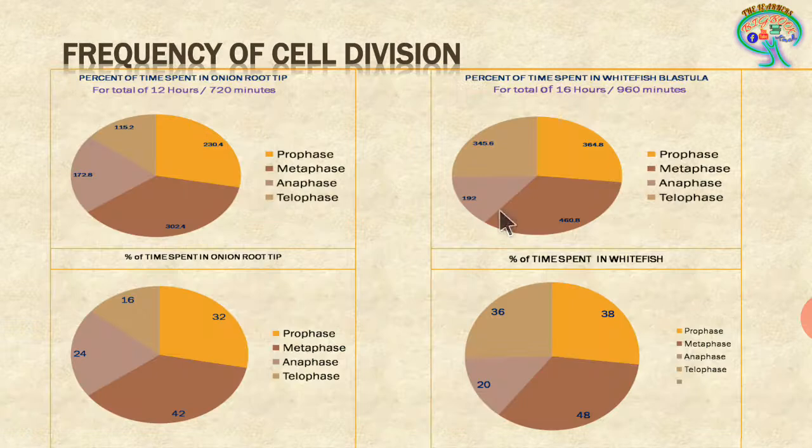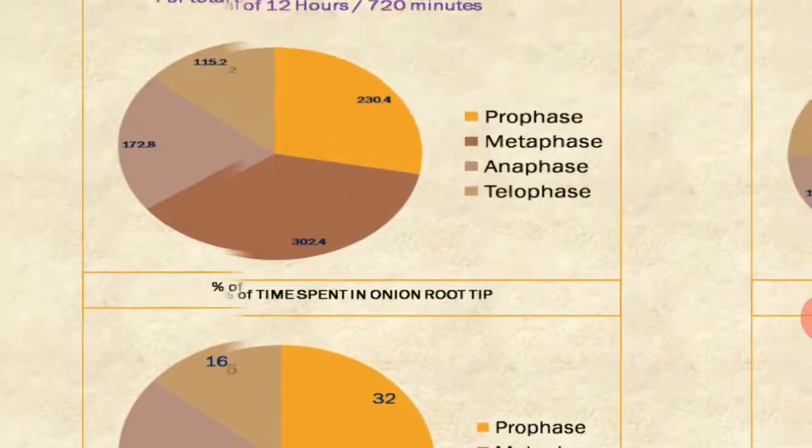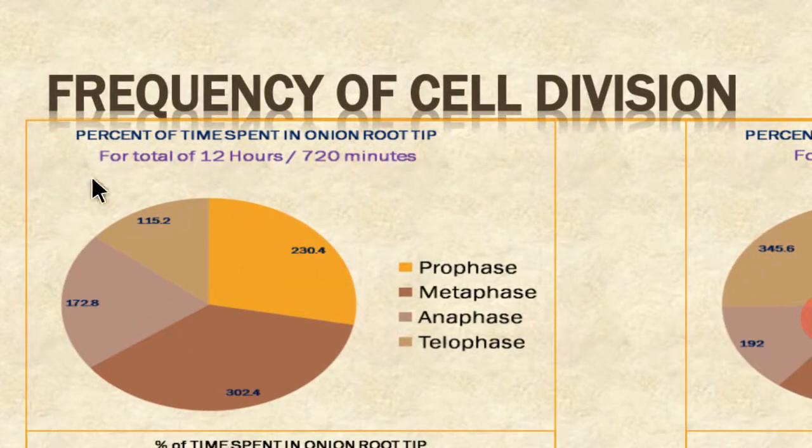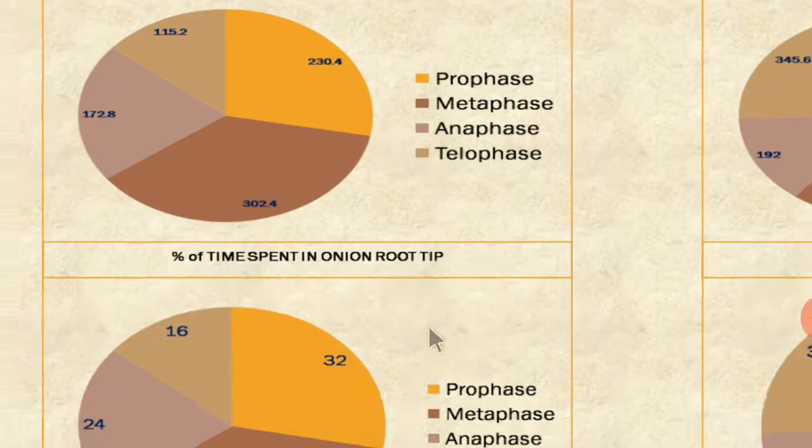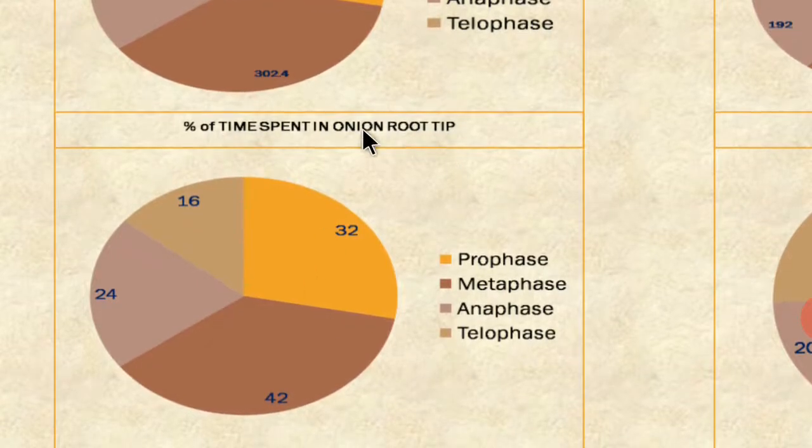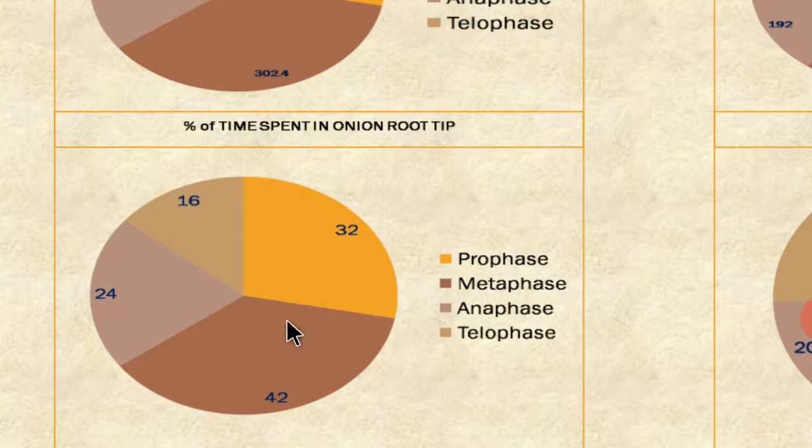Now further we have depicted these values in graphs. Here you can see this is the estimate of time spent, not the percent of time spent. Here you can see 230.4 for prophase, further is metaphase, next is anaphase and next is telophase. Again, this is the percent of time spent in onion root tip: prophase 32%, metaphase 42%, anaphase 24%, telophase 16%.